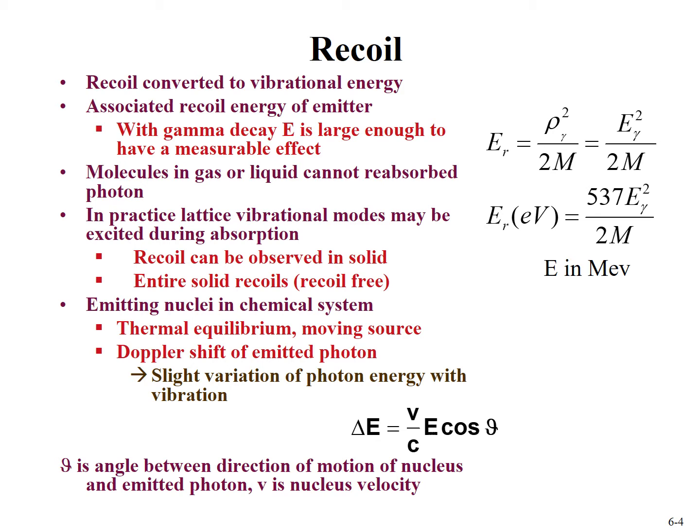Within this, there's a relationship between the energy, the velocity of the nucleus, the speed of light, and the direction of the motion of the nucleus and the emitted photon. So there are ways of characterizing some of these energies. We talked about the recoil having a specific energy, and we can vibrate the system and have a small perturbation on that energy.